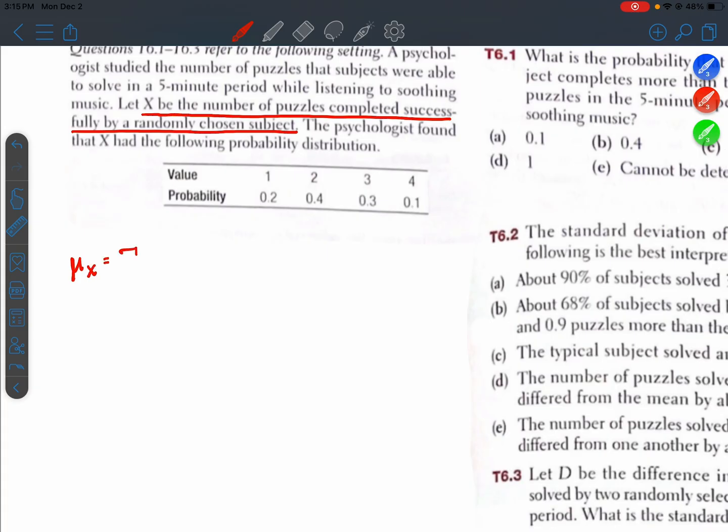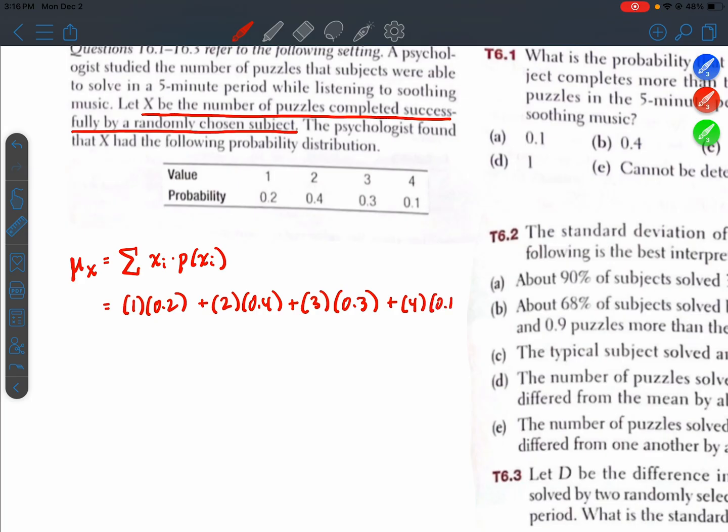The formula for finding the mean involves taking each value and multiplying it by its corresponding probability and then adding up all those terms. So this is going to be 1 times 0.2 plus 2 times 0.4 plus 3 times 0.3 plus 4 times 0.1.